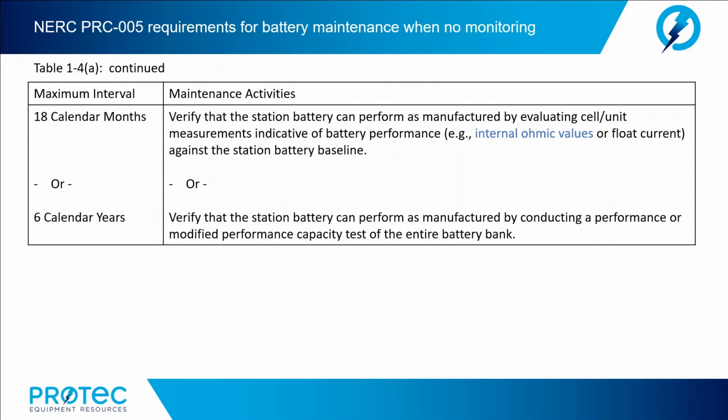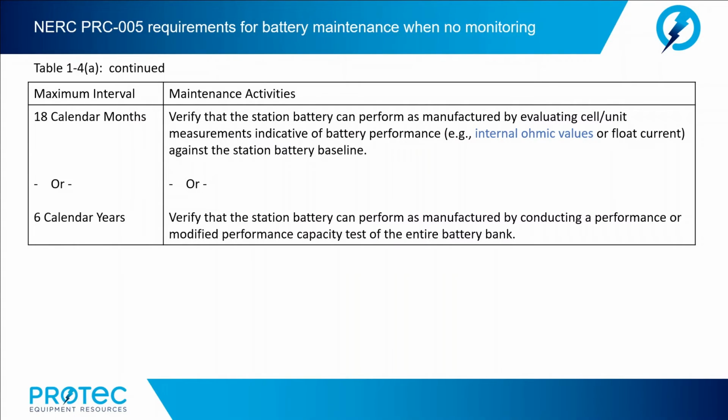Now, very interesting, in this 18-month, we can either follow the interval of every 18 months and do those ohmic measurements or float currents, or every 6 calendar years, we would need to verify the station battery can perform as manufactured by conducting a performance or modified performance capacity test on the entire bank.